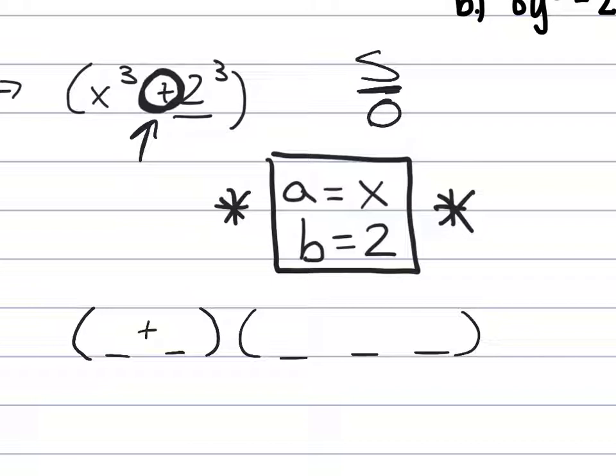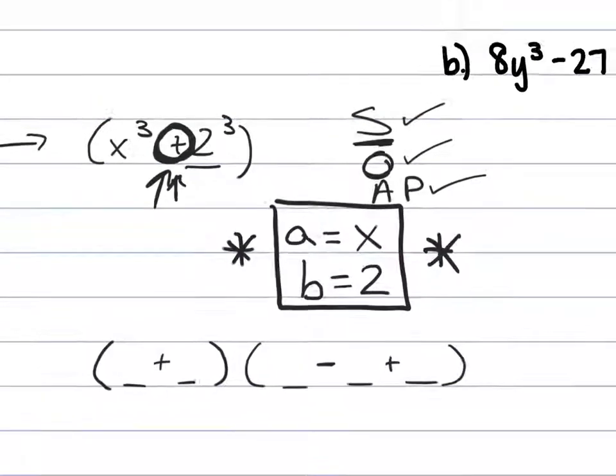I want the opposite sign of this. What's the opposite of plus? And then the last one is always a plus. So I saw the plus up top, so I went plus, minus, plus. That's because it was the same sign, then the opposite sign, and then always a plus.